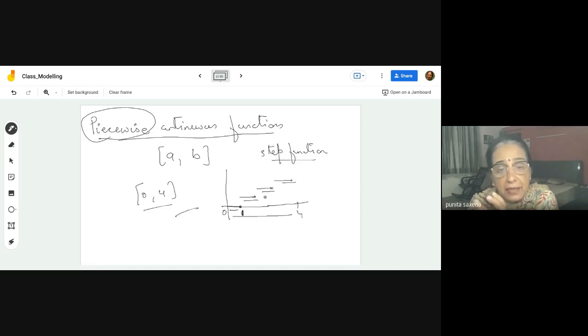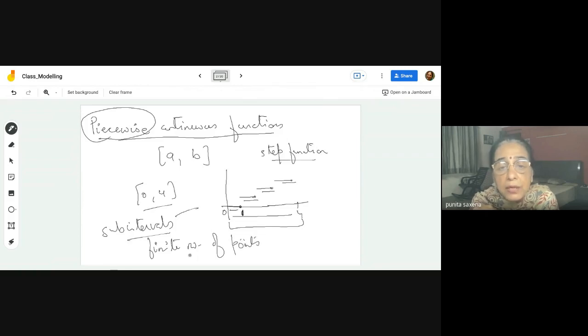So what have I done? I have, in a way, split my interval into sub-intervals. This is what we are doing. We are splitting our interval into sub-intervals in such a manner that there are only finite number of points. See, this is important.